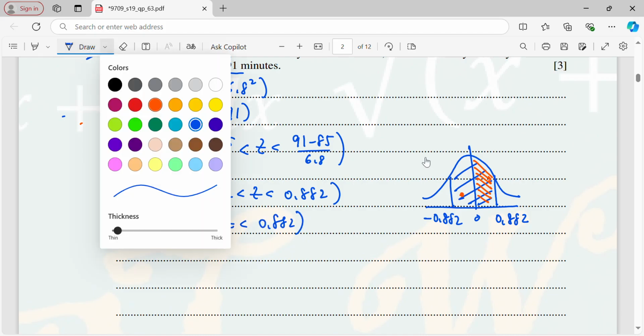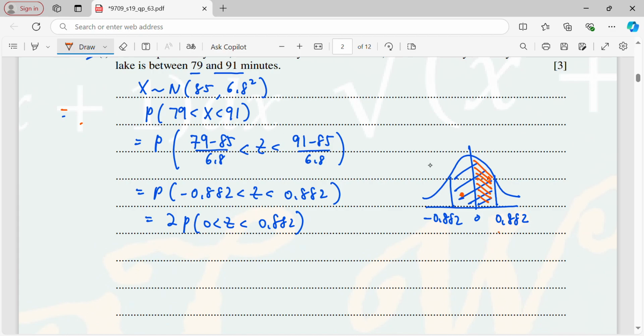Then to find the area of the orange region, that is the probability up to the negative part minus the probability from 0 to the negative part. So that is going to be 2 of P(Z less than 0.882) minus P(Z less than 0). These two probabilities can be found from the normal table in the formula list.